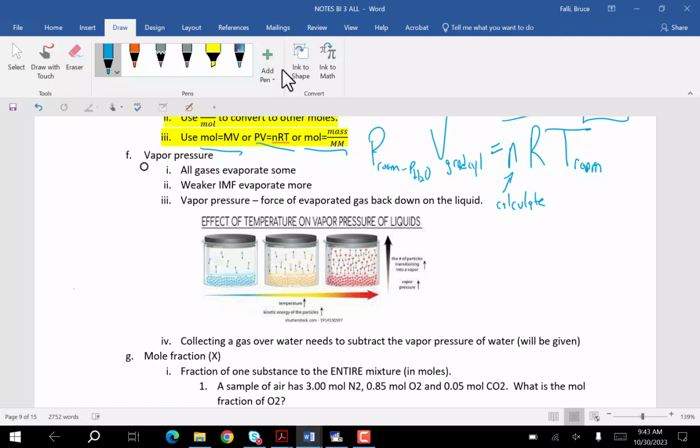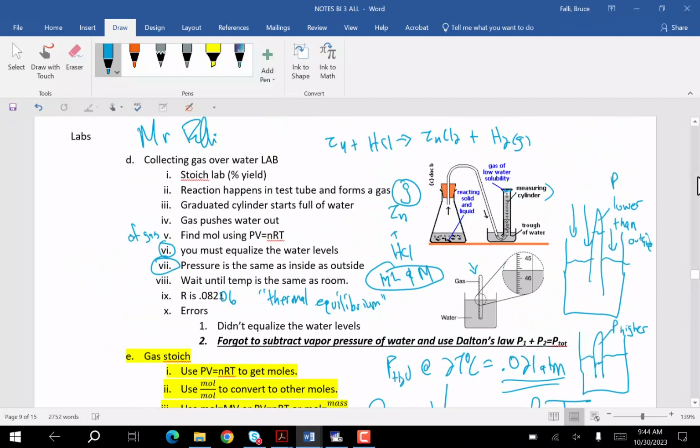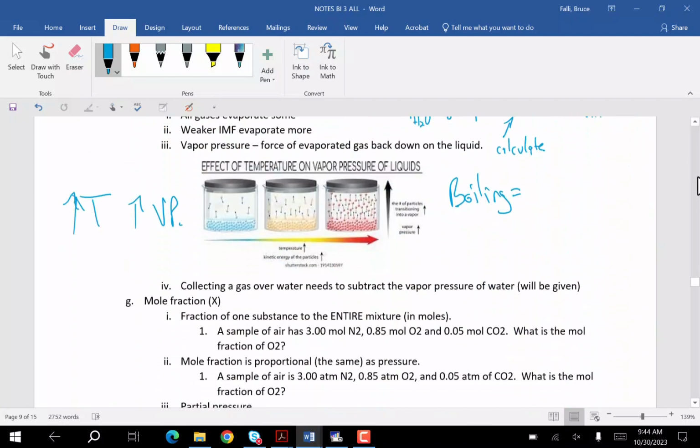So increasing temperature increases vapor pressure. And a nifty thing about boiling is the real definition of boiling is when vapor pressure equals atmospheric pressure. Not 1 atmosphere, but the pressure of the room.